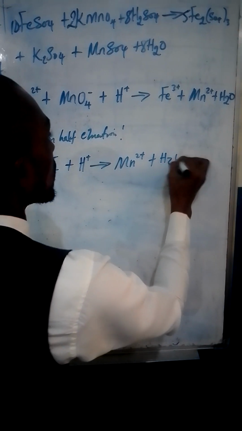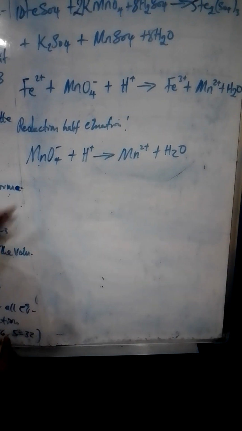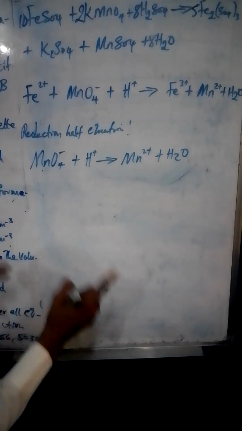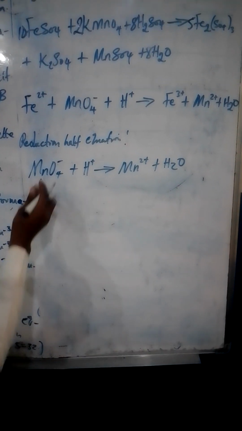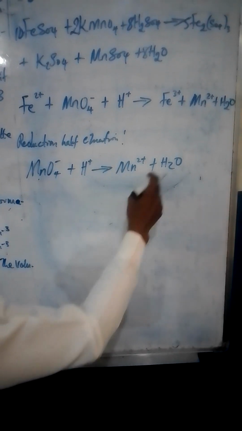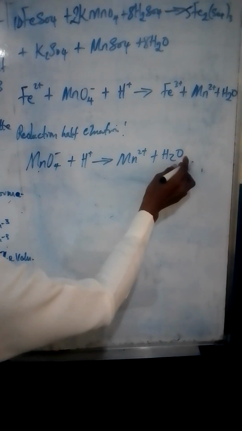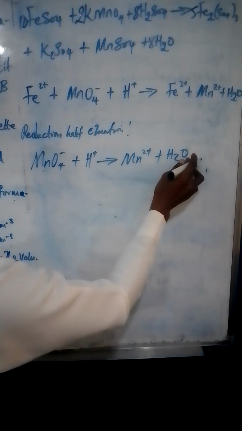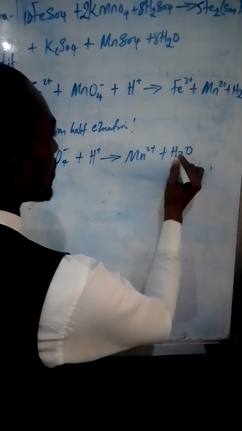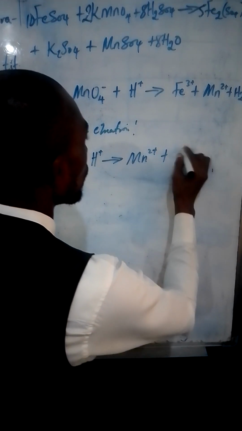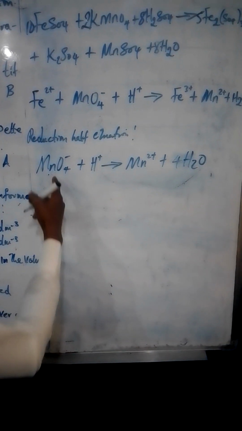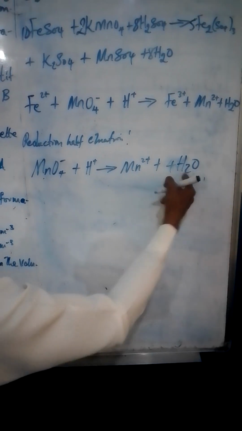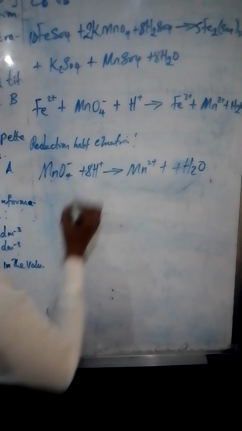To balance this half equation, we first balance the number of atoms before we balance the charges. Manganese here is 1, manganese is 1, hydrogen is 2, and oxygen is 4, here oxygen is 1. So we can balance the oxygen by writing 4 atoms of oxygen. Then hydrogen has become 8, so we balance hydrogen by 8.